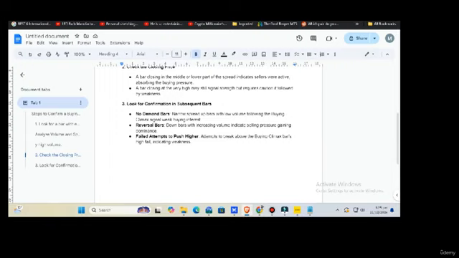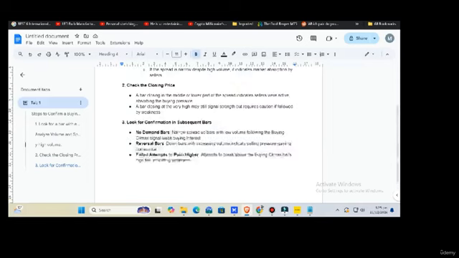No demand bars, narrow spread up bars with low volume following the buying climax, signal weak buying interest. I will explain no demand bars and reversal bars, because this is the bars section, so all types of bars will be explained in this topic and in upcoming topics.